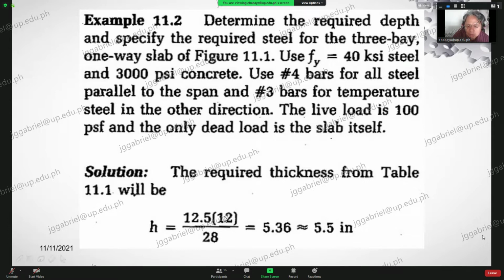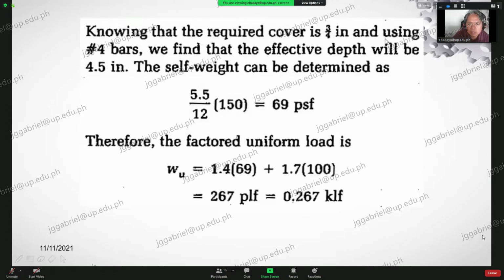So computing that would be 12.5 times 12 divided by 28. So you have 5.5 inches. Knowing that the required cover is 3/4 inch and using number 4 bars, we find that the effective depth will be 4.5 inches. Ito yung effective depth natin, no?